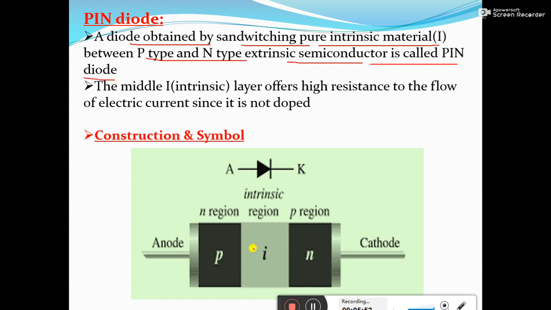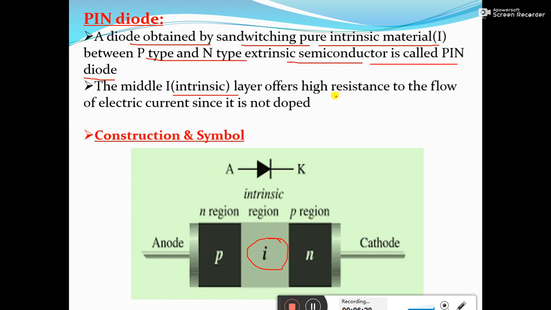Here the middle layer is an intrinsic layer. This layer is made up of an intrinsic material, which means a pure form of semiconductor. There won't be any doping in the middle layer. Doping is carried out only at the exterior layers, that is, the N and P regions.